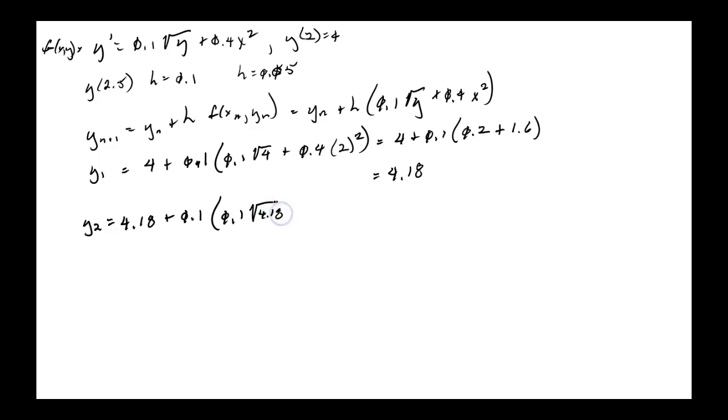So our y2 is going to be 4.18 plus 0.1 times 0.1 times the square root of 4.18 plus 0.4 times 2.1 squared, because that's your next increment up, your x plus h squared. Okay? So some of you with calculators, sock it to it.